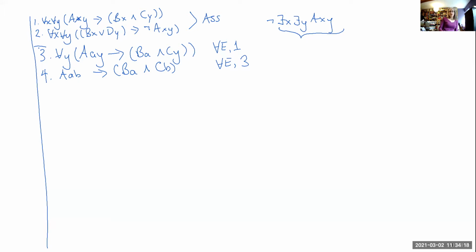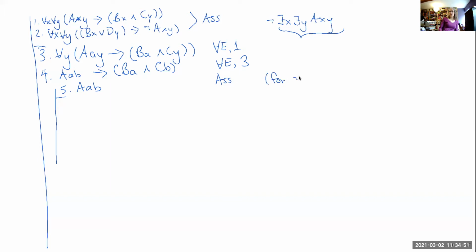Now, what would happen if Aab were actually true? Let's find out. Suppose it is true. So here's an assumption, and at this point, I'm making this assumption because eventually I know I want to get the negation of it.